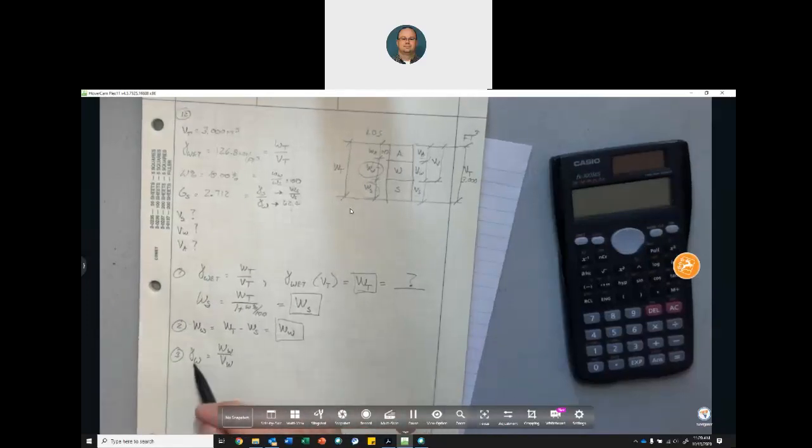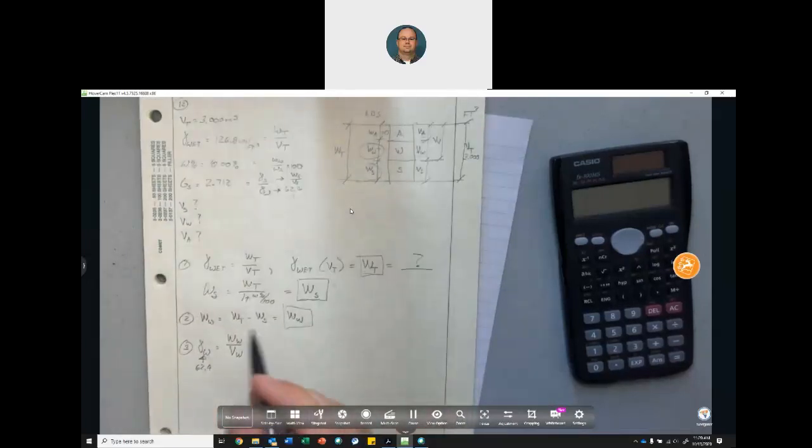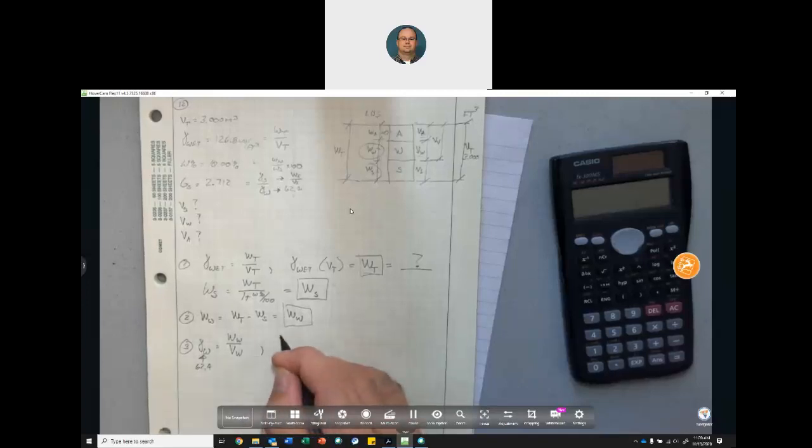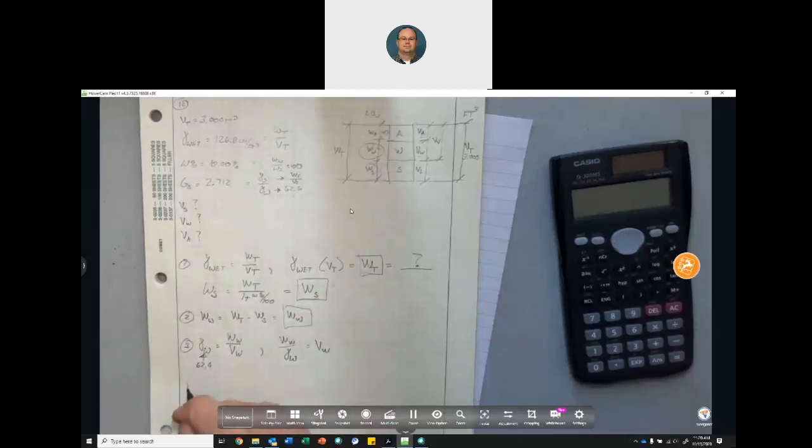Remember this is a constant, 62.4 pounds per cubic foot. Can I rearrange this to find my volume of water? Absolutely. So when I rearrange this equation, that is weight of water divided by the unit weight of water, because I found it from step 2, equals volume of water.